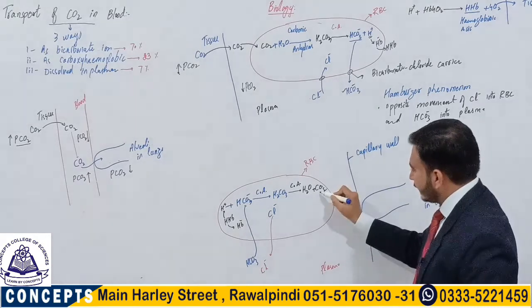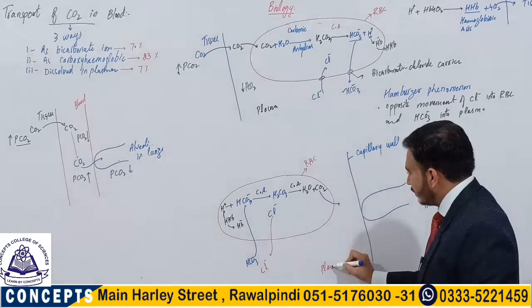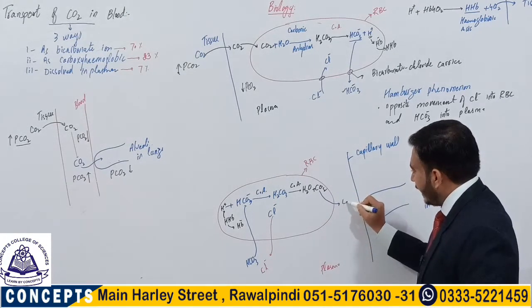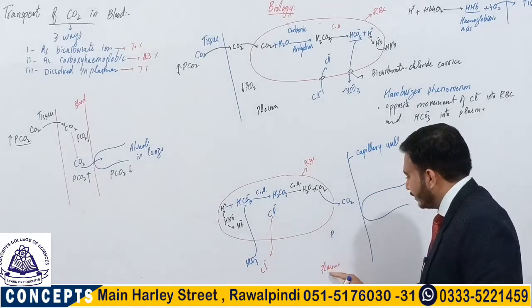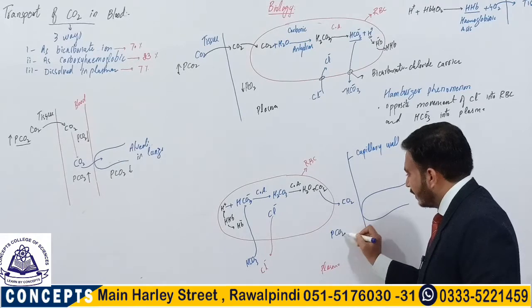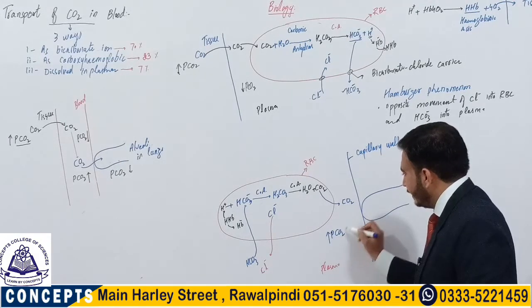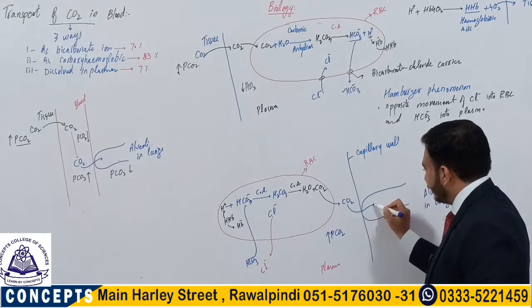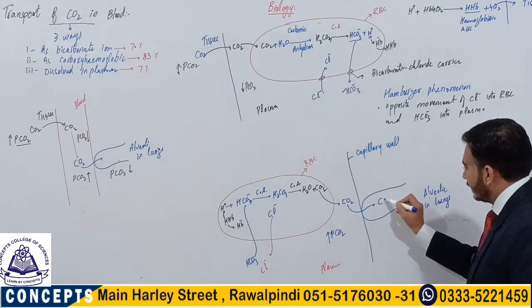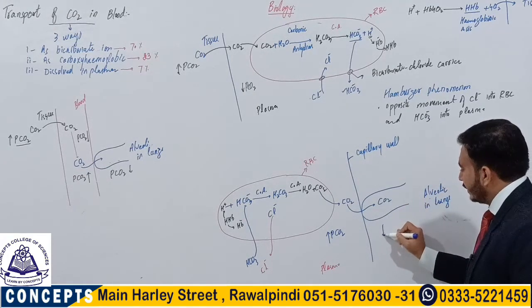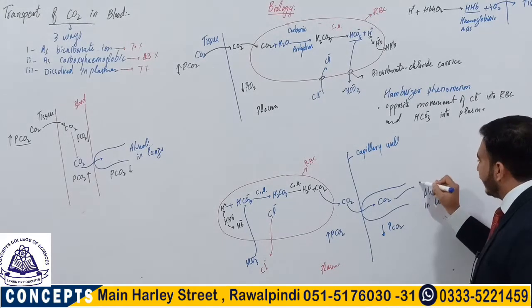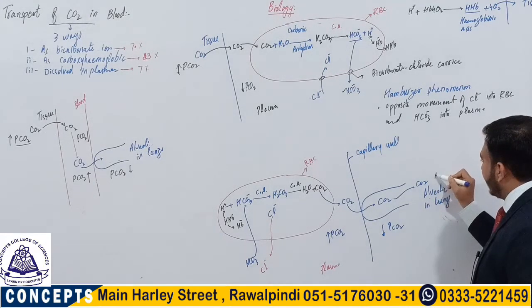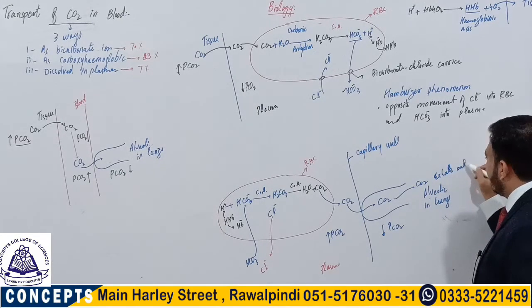So this carbon dioxide comes out of the RBC and diffuses into plasma. Then there is a high partial pressure of carbon dioxide in the blood, and the carbon dioxide diffuses into the alveoli. Why? Because there is low partial pressure of carbon dioxide there, and this carbon dioxide is exhaled out of the lungs.